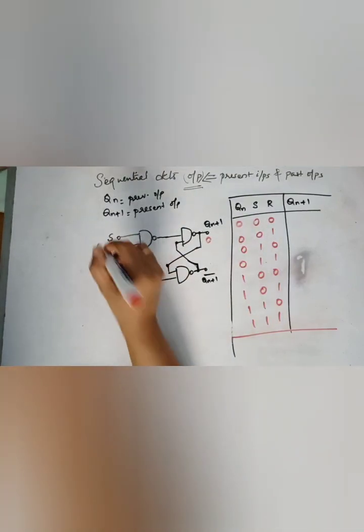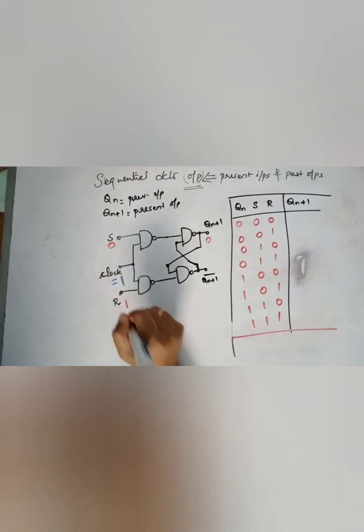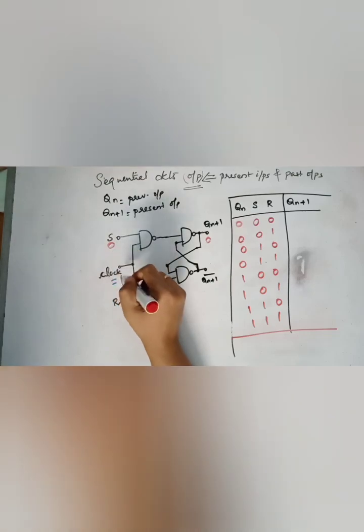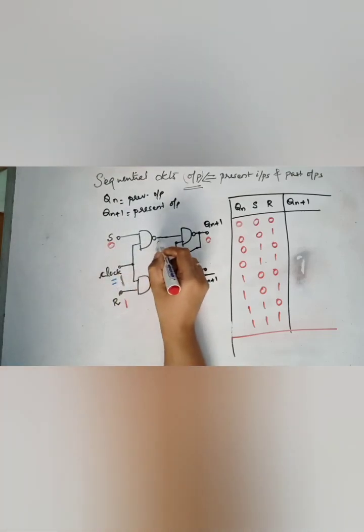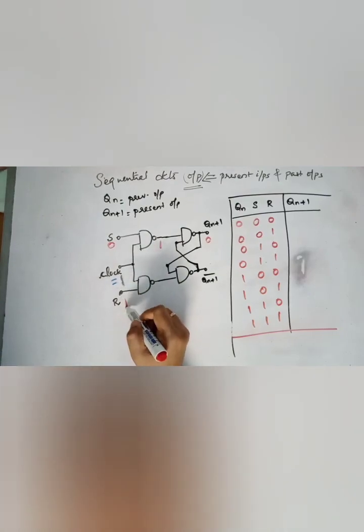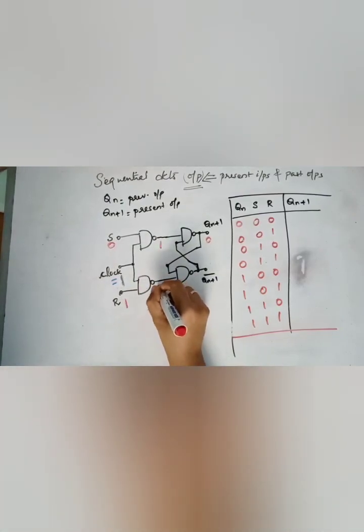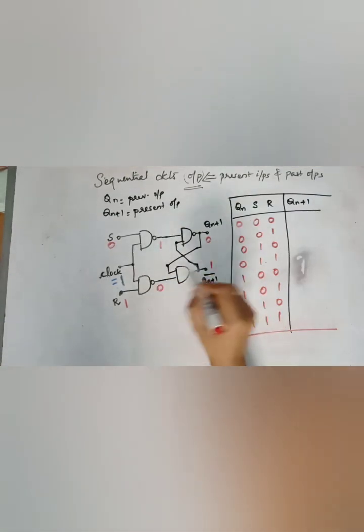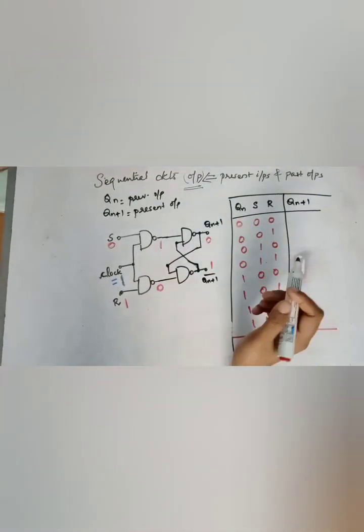S is 0, that is given. R is 1. So S is 0, clock 1, this is 1. Then 1, 1, this is 0. So this was 1 previously. This red is the previous state.